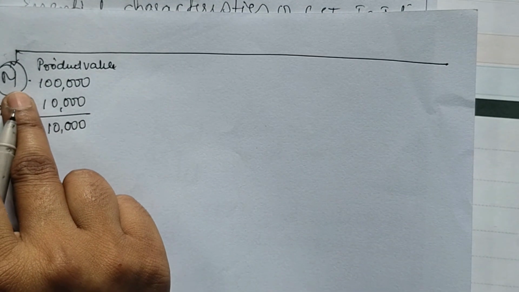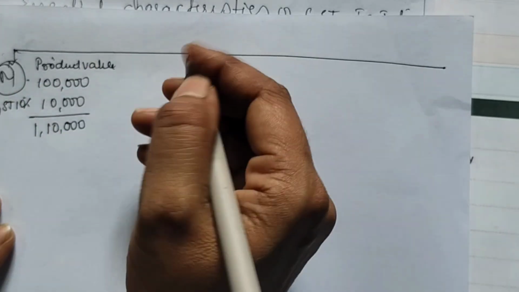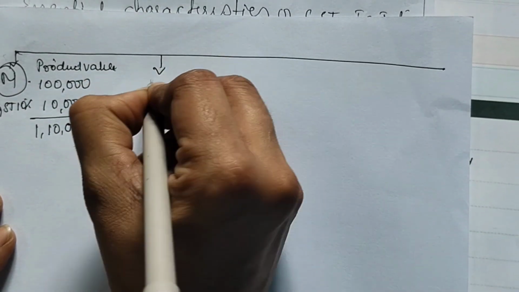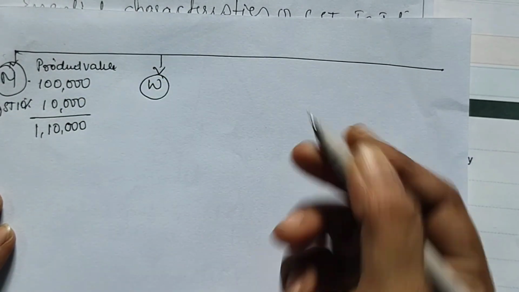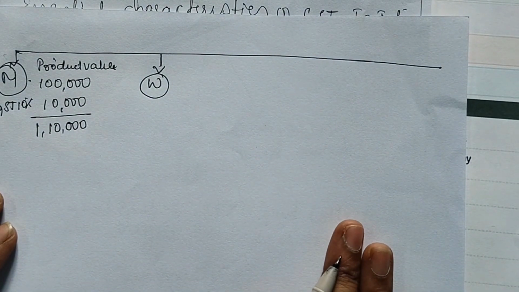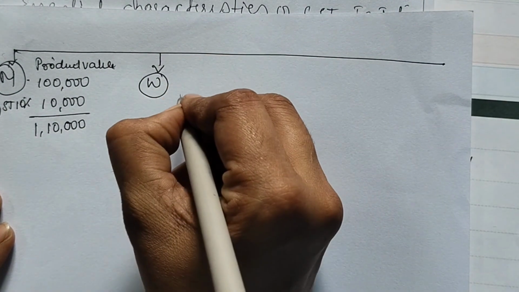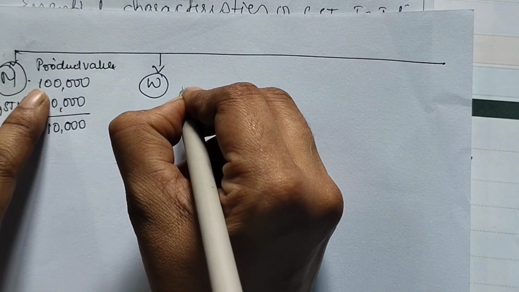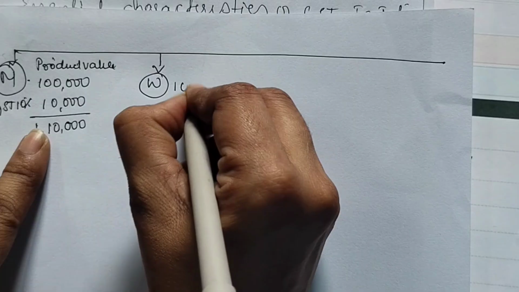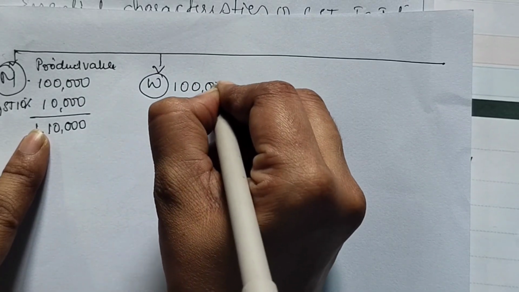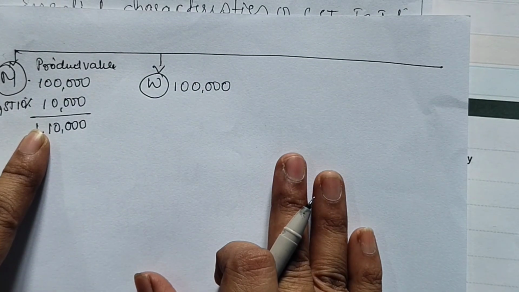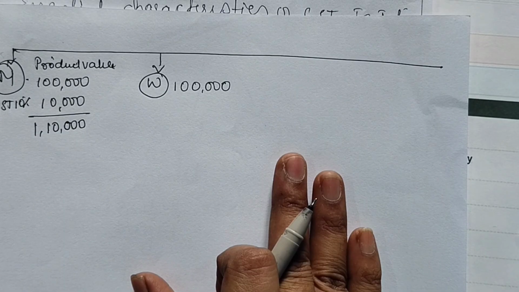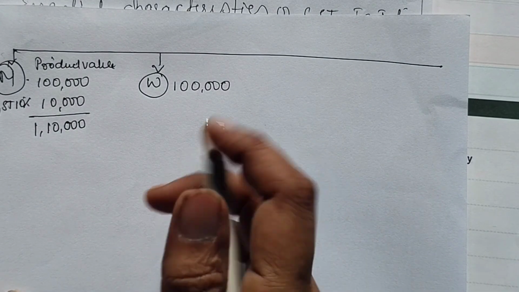Now the manufacturer sells this product to the wholesaler. What was the product value? Here you should not take the 1 lakh 10,000. You are taking only the value of the product, that is 1 lakh, right?